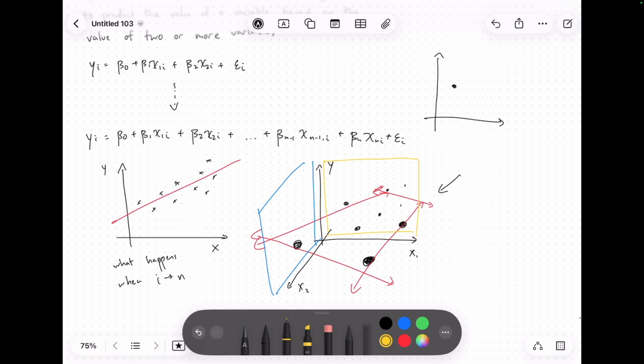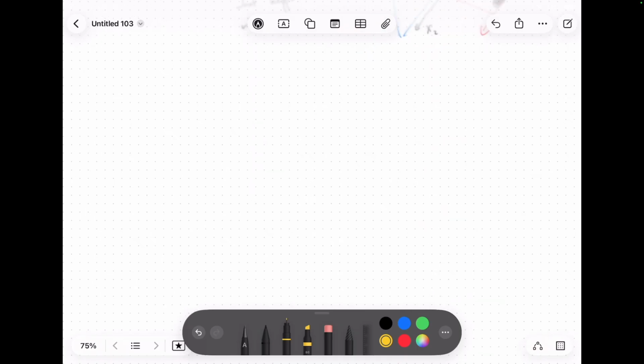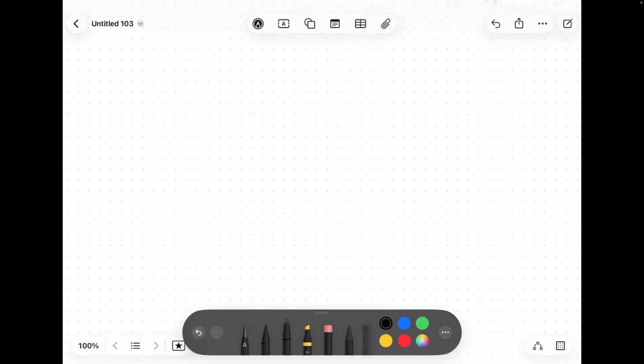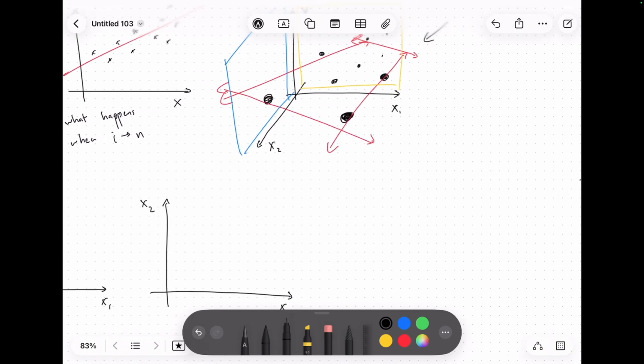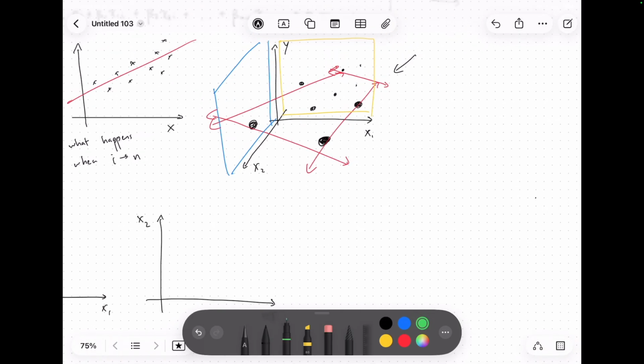So, this is actually an important concept. So this would actually be kind of like looking at this plane, right?